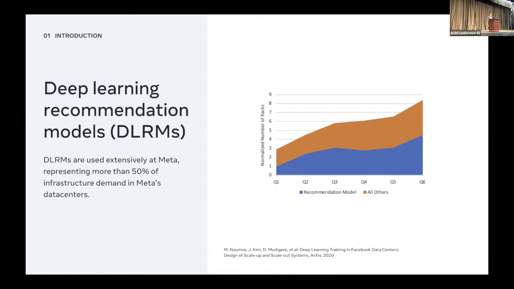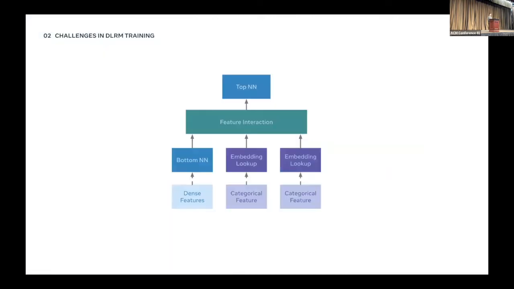The overall AI-related data center racks almost tripled within 18 months, while at the same time, the overall number of recommendation model-related AI racks actually quadrupled. And today, we are definitely seeing that the training and serving of DLRM models are one of the largest and most important applications in Meta's data centers. And we absolutely need to do well and perform efficiently on those tasks.